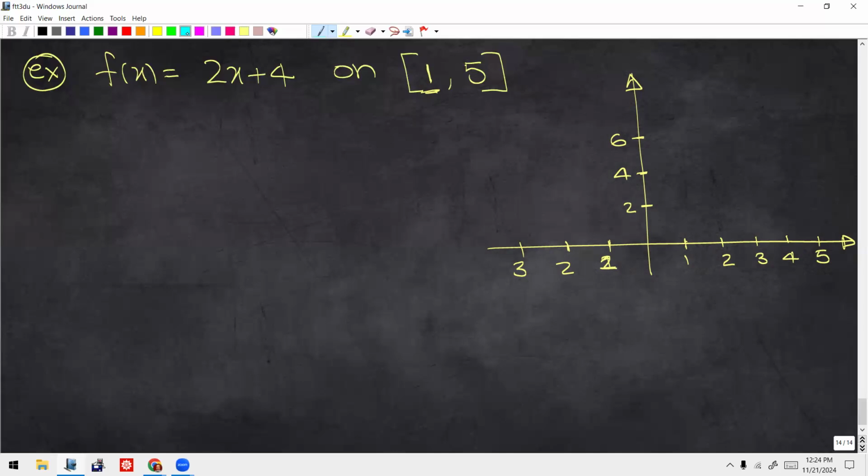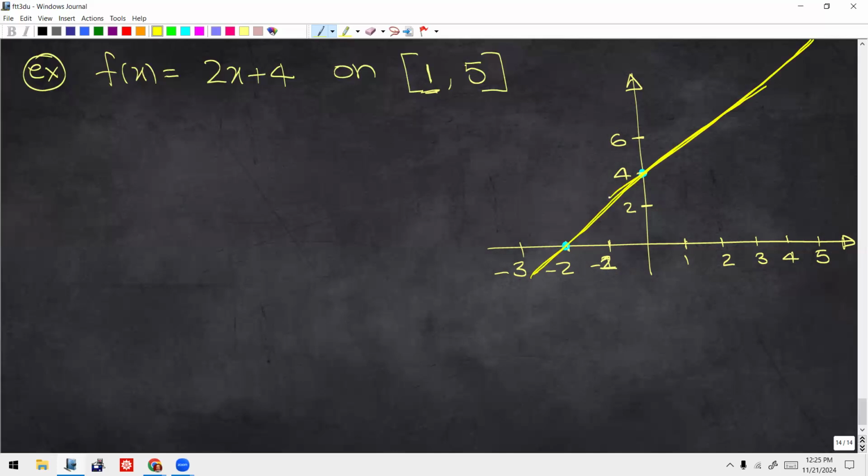So let's draw the function. This is a line, right? This is an equation of a line. So the y-intercept is 4 and the x-intercept is -2. Okay, that is my line. So I'm going to draw that line. So it looks something like this. Good.